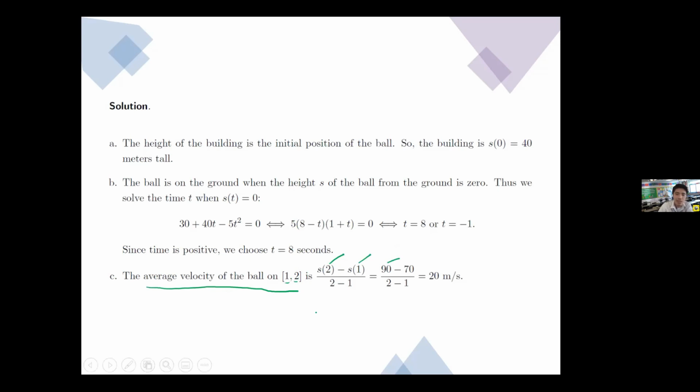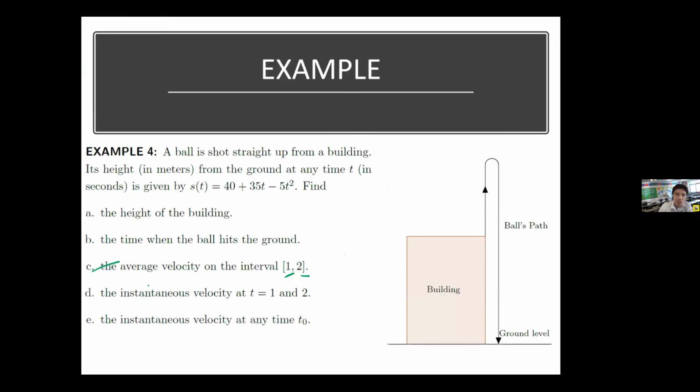Again, ang function nato kani. So kailangan nato si S of 2. So meaning that's 40 plus 35 times 2 minus 5 times 2 squared. So pila man ni karon? 40 plus 35 minus 5 times 4. So that is 75 minus 20.